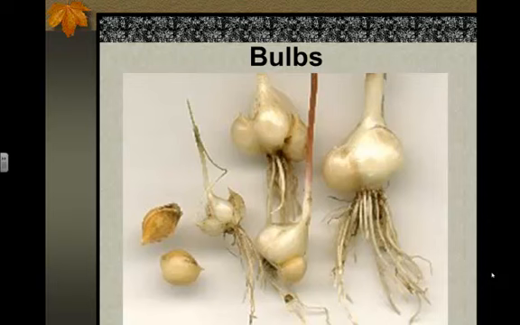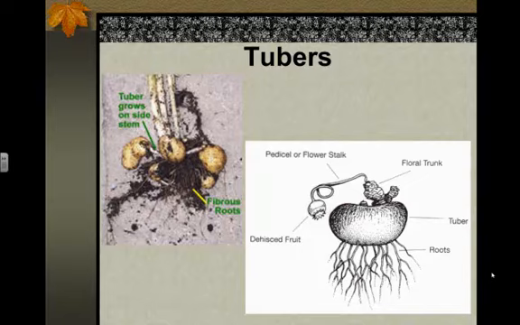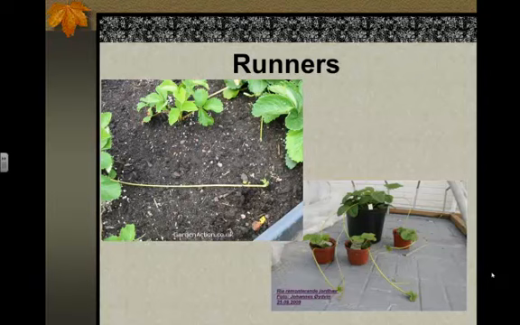Bulbs, you're familiar with garlic and onion. Those are bulbs. But there's other plants that grow by bulbs. Tulip bulbs. And the potatoes. And there's strawberry plants, showing you the runners.